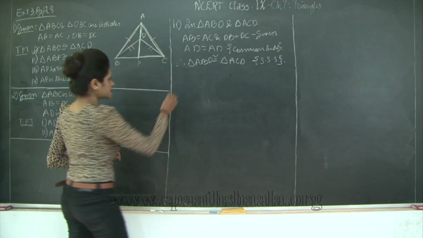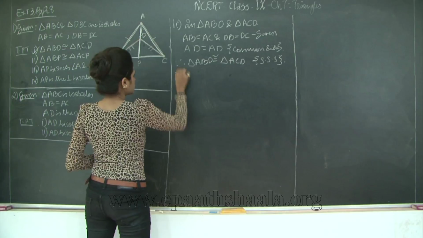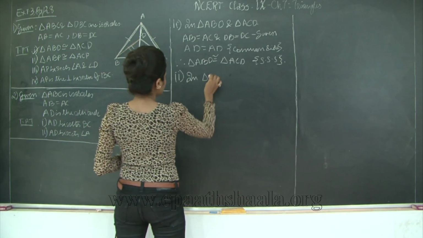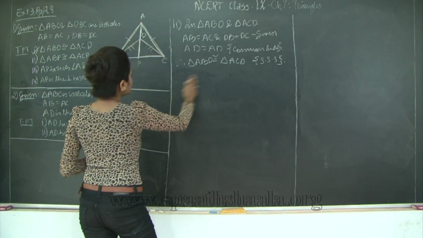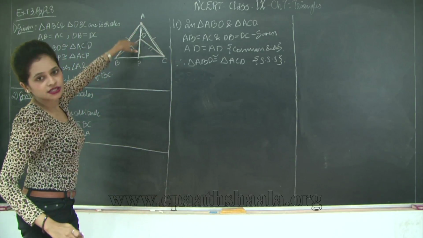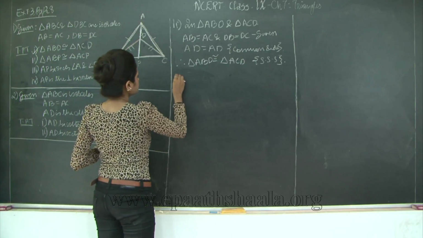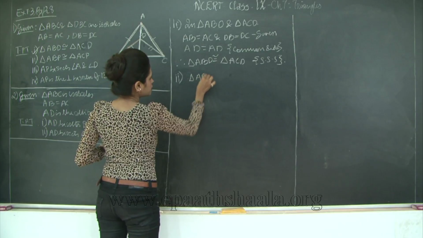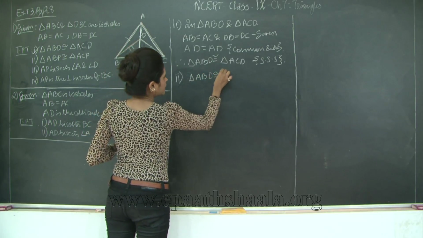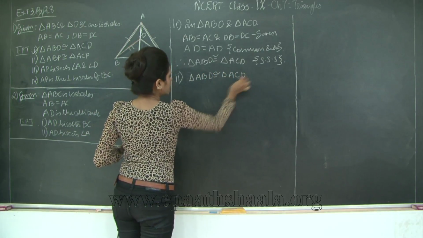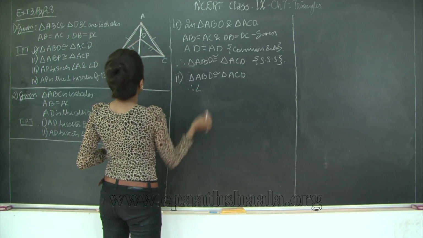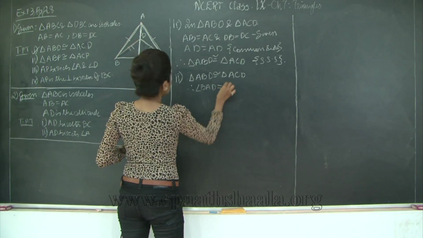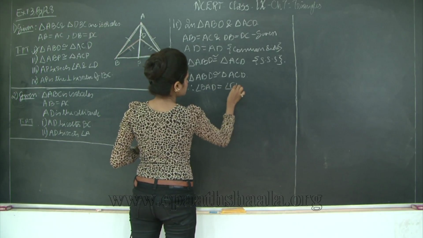Let's go ahead and do this. Let's first prove that BAD is equal to CAD. Triangle ABD is congruent to triangle ACD. Therefore, what do I have? Angle BAD is equal to angle CAD.